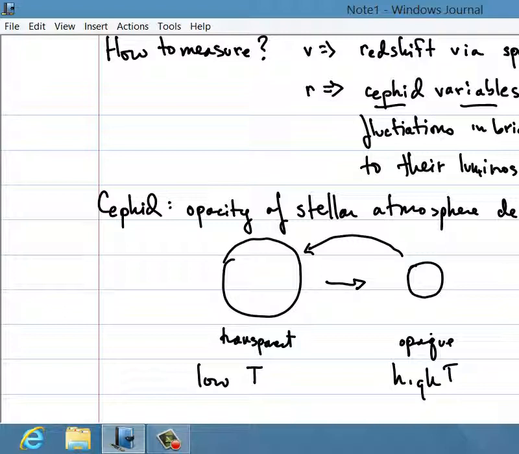And the important fact about Cepheid variables is that we understand them extremely well. Even in the very early 20th century, this process was understood quite well. And so, for example, this relationship between their luminosity and their period can be tested very well for Cepheid variable stars that are close to us.